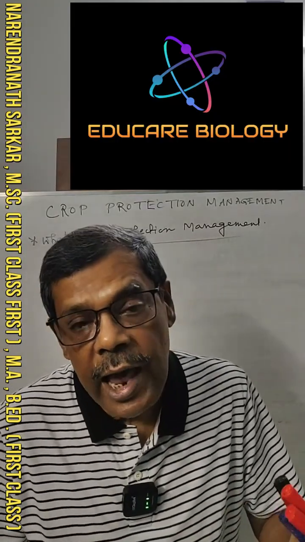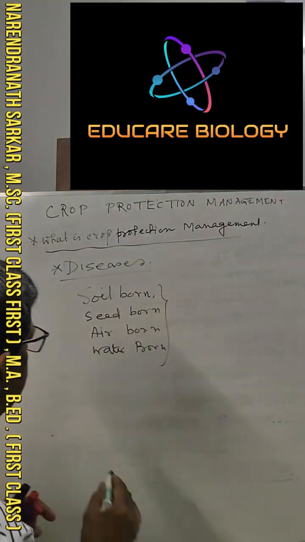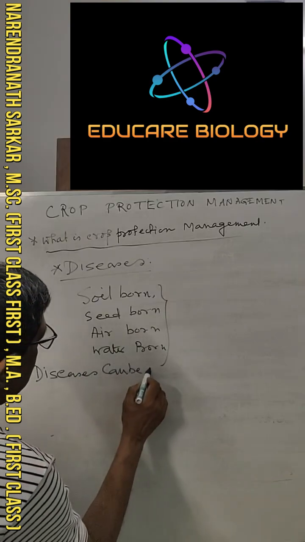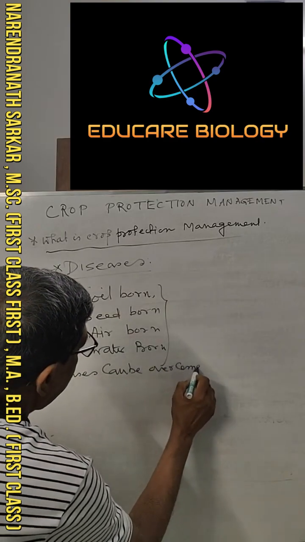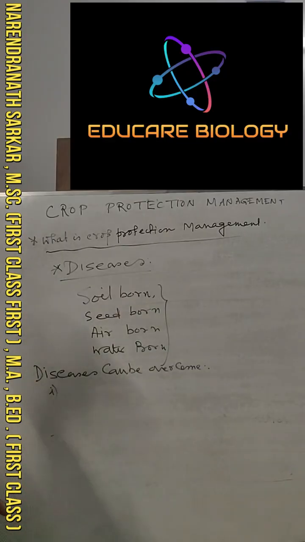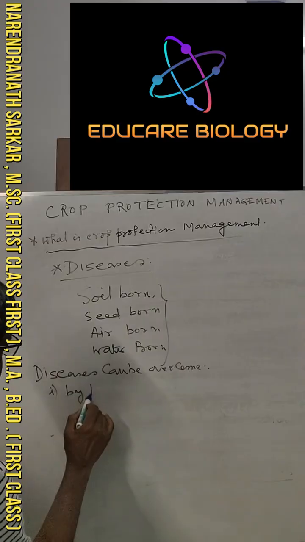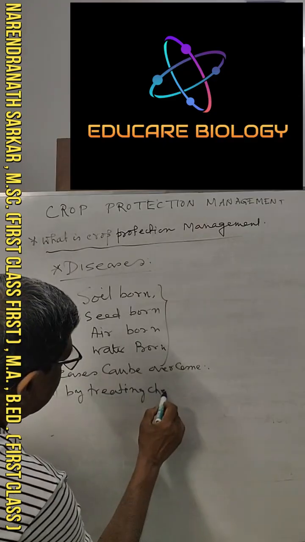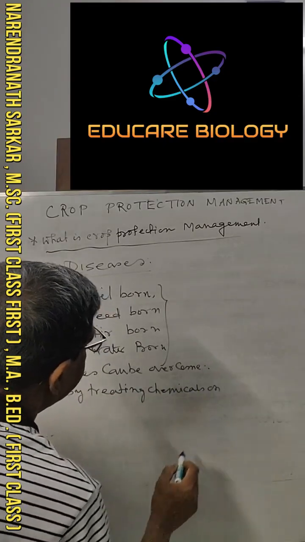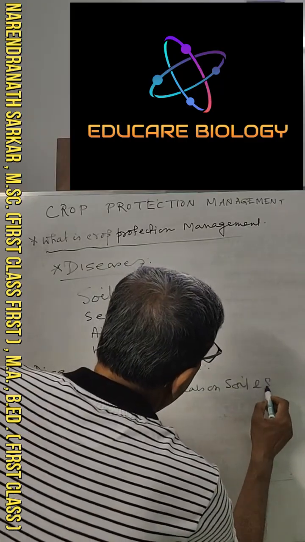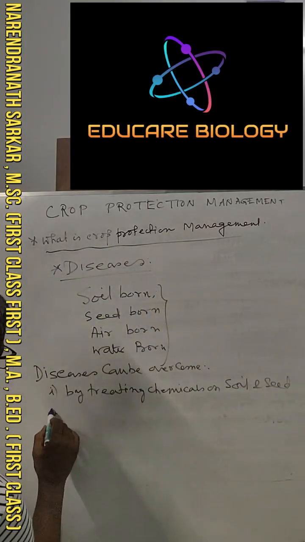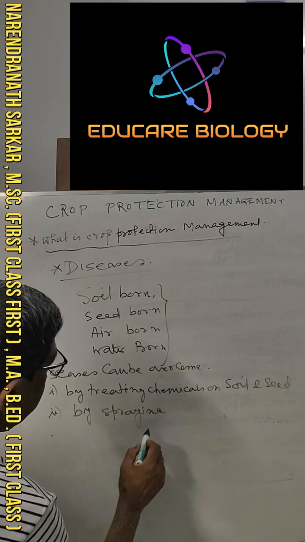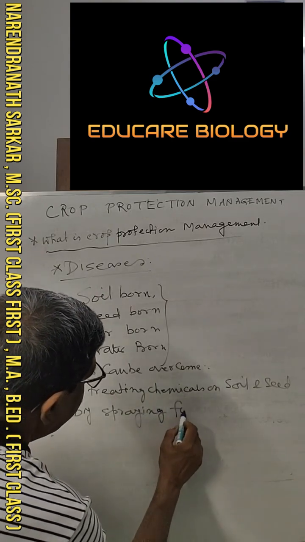Next, how disease can be overcome. Number one, by treating soil and seed with chemicals. Number two, by spraying fungicide.